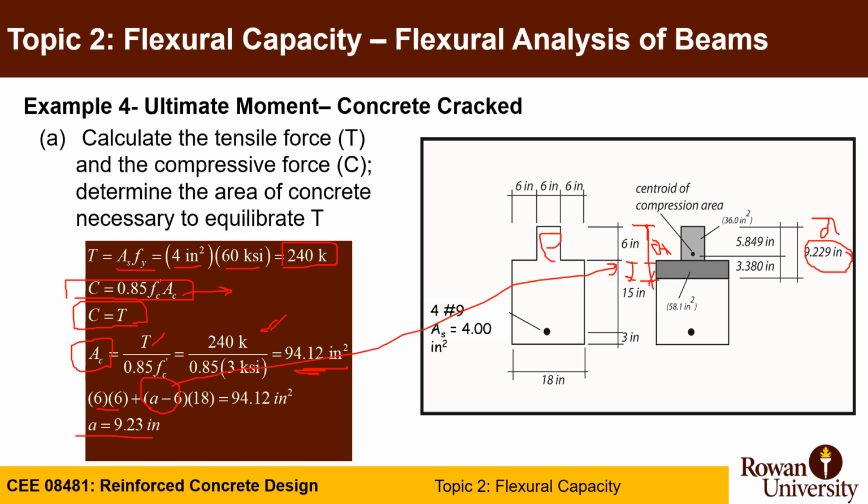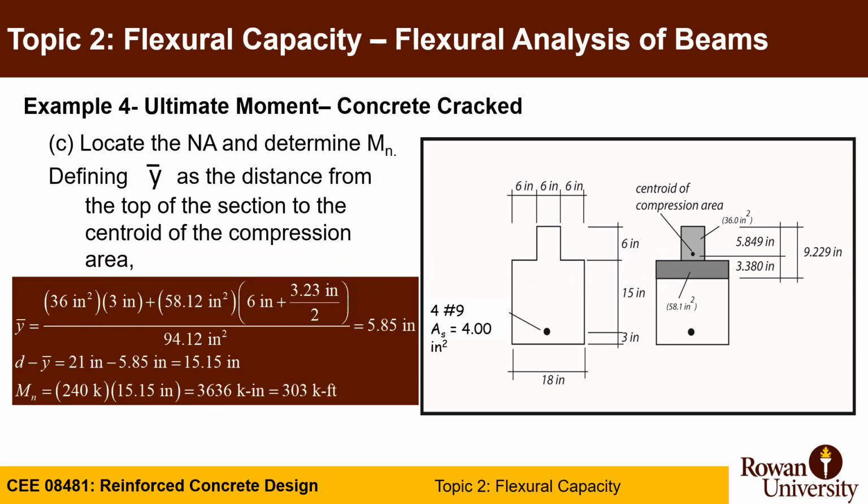Okay, so you get the forces, you got C and you got T, and you got actually the layout of the compression in the cross section. Now we have two actually areas. One is 6 by 6. Another one is 3.23. Forget my drawing.